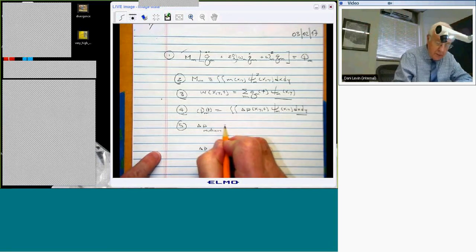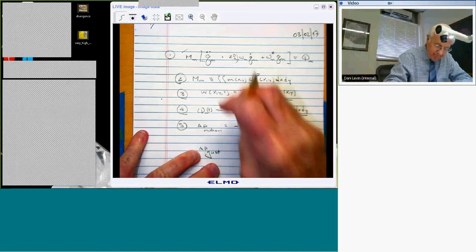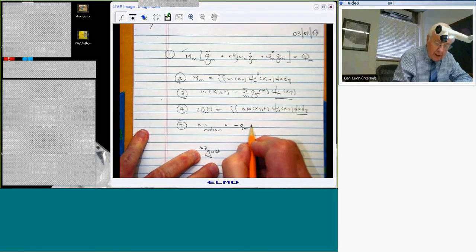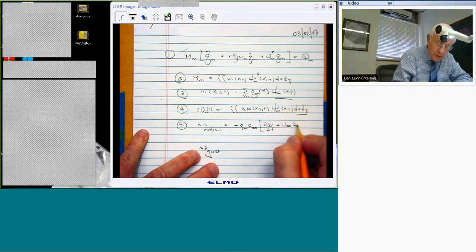And so the pressure due to motion is equal to minus the density of the fluid times the speed of sound of the fluid times dw/dt plus U infinity dw/dx.